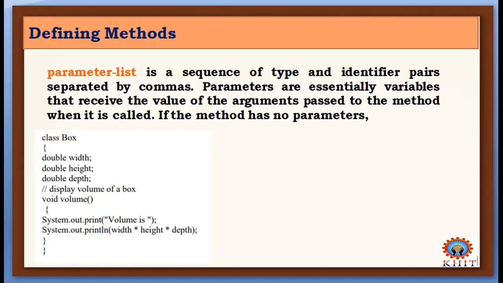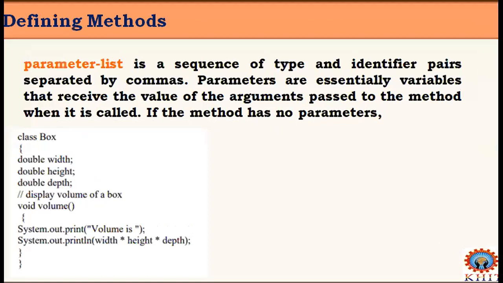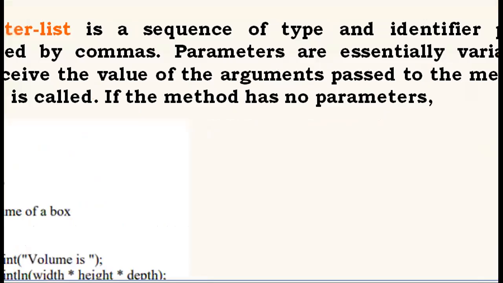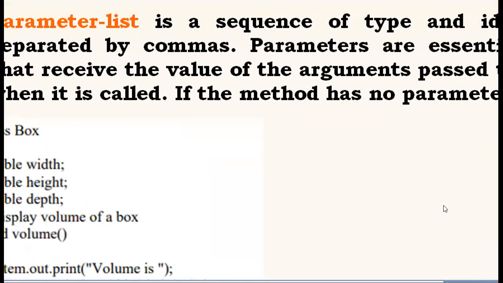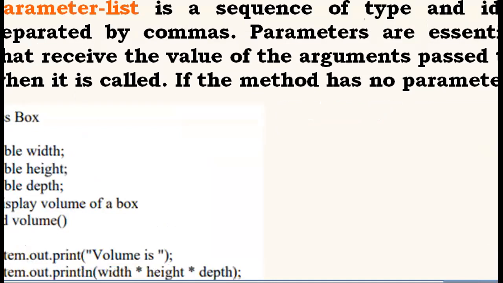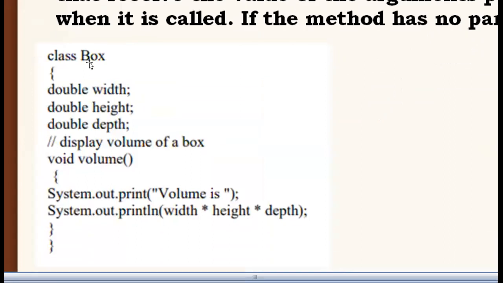So there is a small example here I have given. I'll just increase the size so it's clearly visible to you. I'm writing a class called Box with three attributes: width, height, and depth.